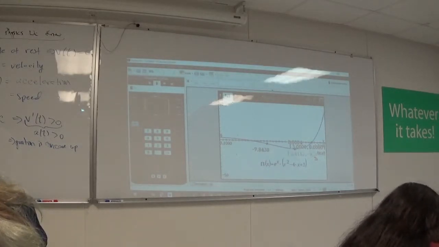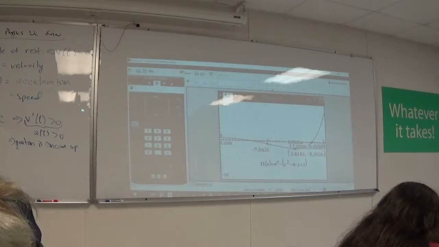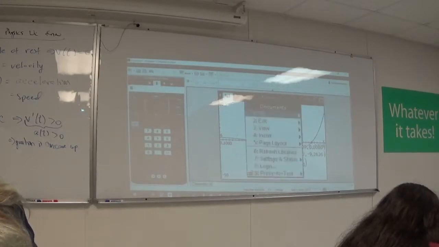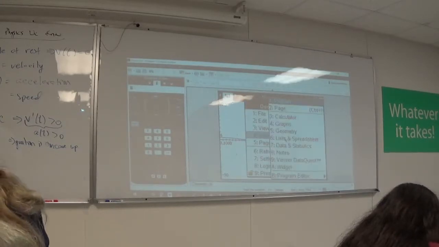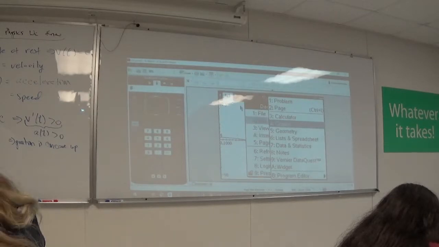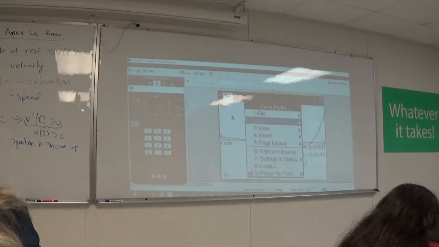What I don't like here is that the velocity didn't decrease, because the velocity at 1.5 is negative 3.361. It's not decreasing or increasing, the velocity is that amount.